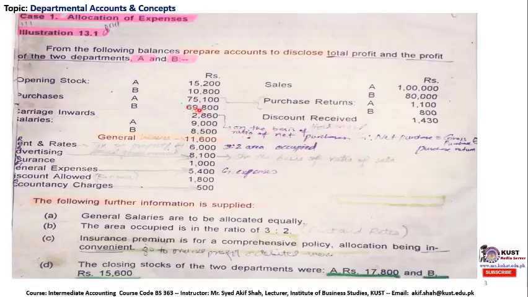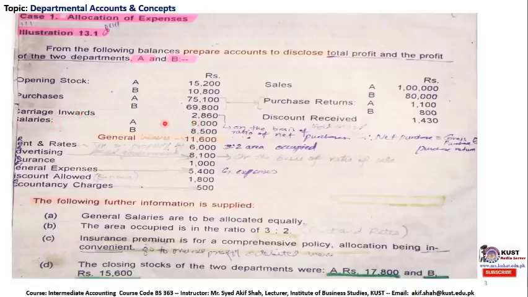We have to subtract the purchase return from the purchases, then calculate the ratio of net purchases for department A and for department B, and then multiply it with the carriage inward, which will give us the relevant portion of expense pertaining to the specific department.